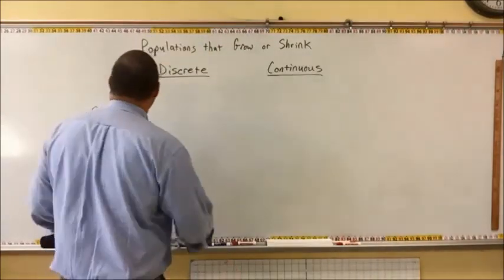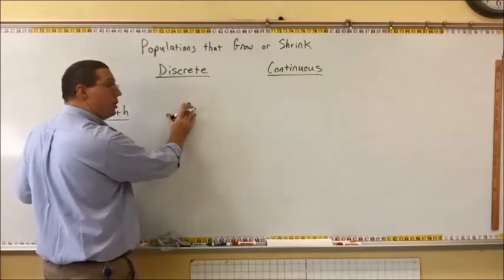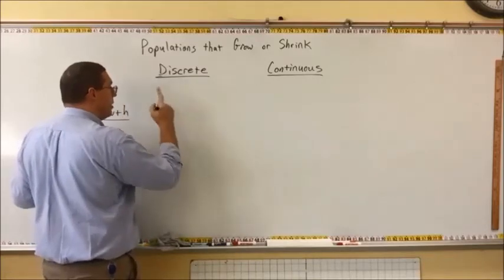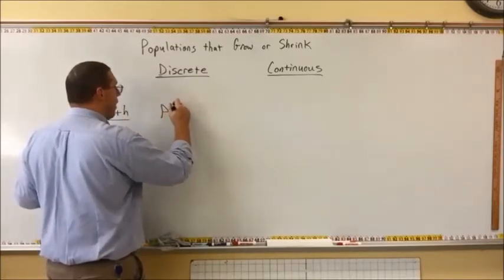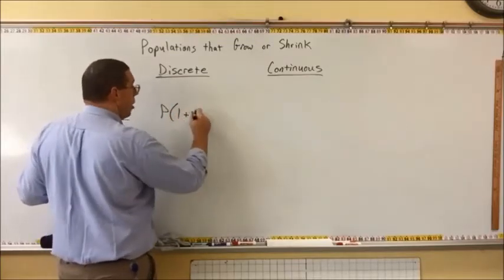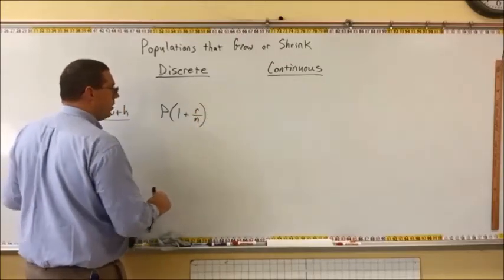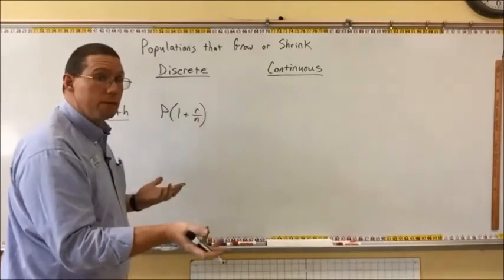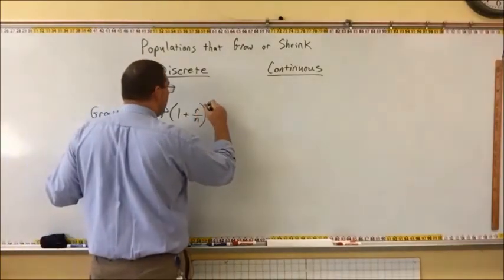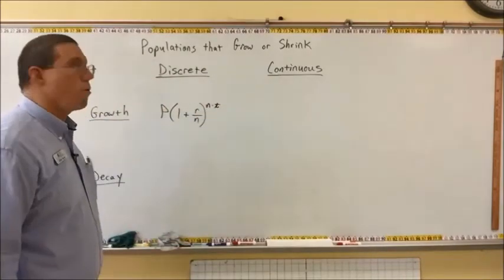Okay? The discrete growth formula goes like this. A, the value of a population, how many are in a population, is going to be equal to P, the starting value, times (1 plus r over n), close parenthesis, to the power of, remember I said it's an exponential relationship, so we're going to have an exponent, n times t. This is the discrete growth formula.